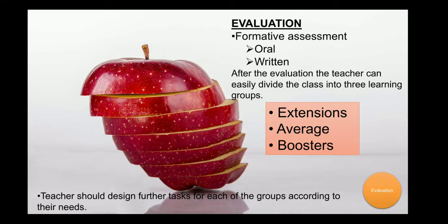So teacher should design further tasks for each of the groups according to their needs. So all these 3 groups need different kind of tasks now. After completing the input and the output, they need different kinds of activities.